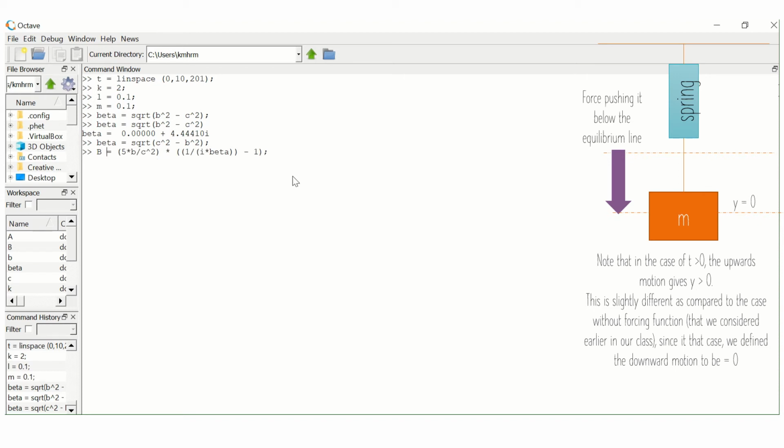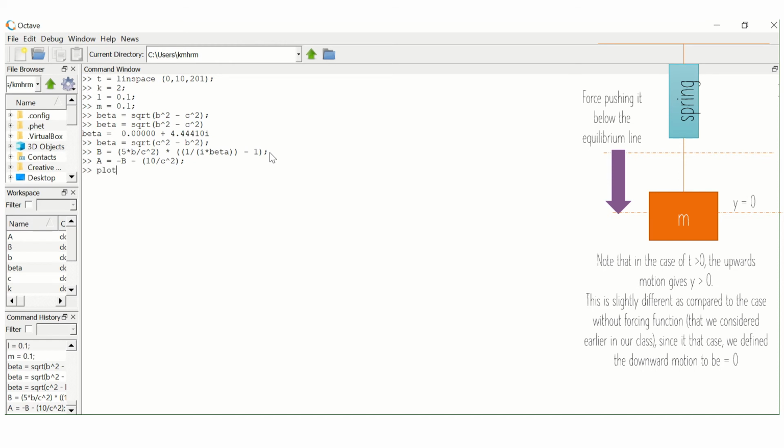As we have seen from the previous slide, this is going to be 5b over c squared multiplied by parenthesis 1 over i beta minus 1. Then we have a, which is equal to minus b minus 10 over c squared. And now we can start to plot our motion, the harmonic motion.